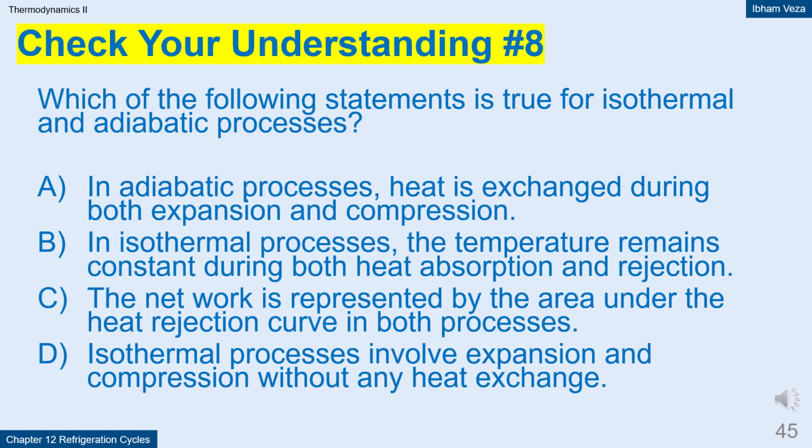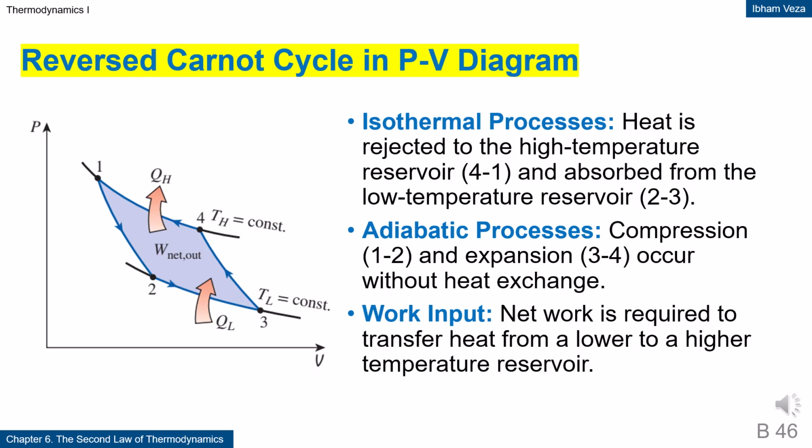D. Isothermal processes involve expansion and compression without any heat exchange. This is incorrect because heat is exchanged during the expansion and compression in isothermal processes, specifically being absorbed and rejected at constant temperature.